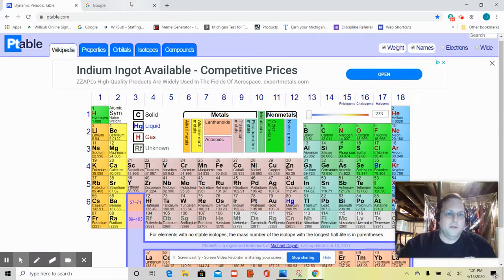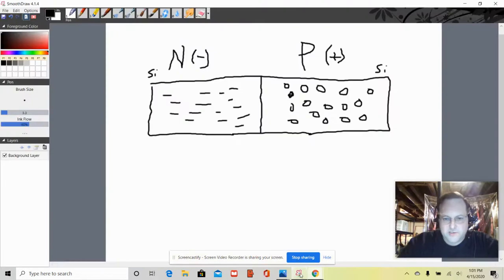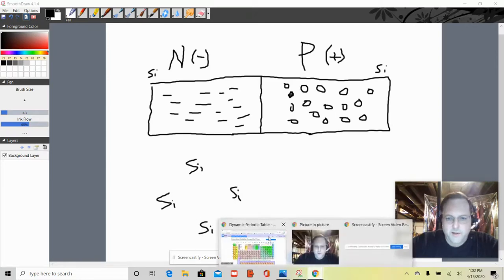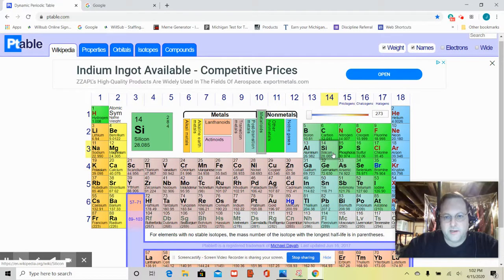Okay. So let's go back to our drawing and just take a look here. Basically it's a lattice structure. We have silicon, silicon, silicon, silicon. How many valence electrons does silicon have? You'll find that silicon has 4 valence electrons.